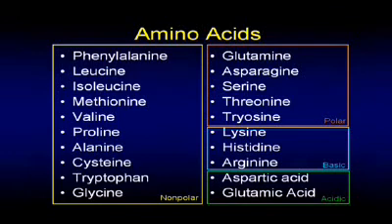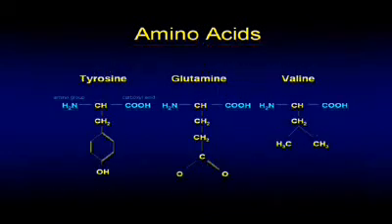They have these chemical aspects to them. And so they have a common structure that allows them to link into a chain, but each one has its own defining characteristics for what it's designed to be.